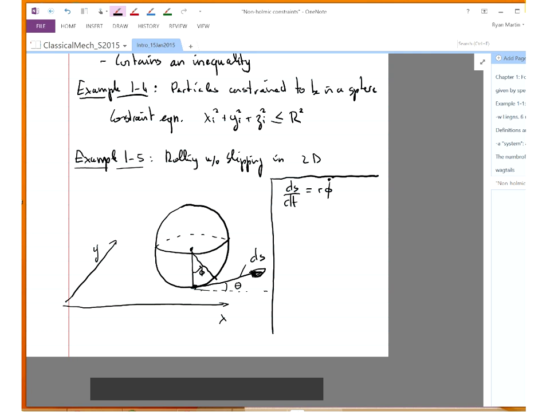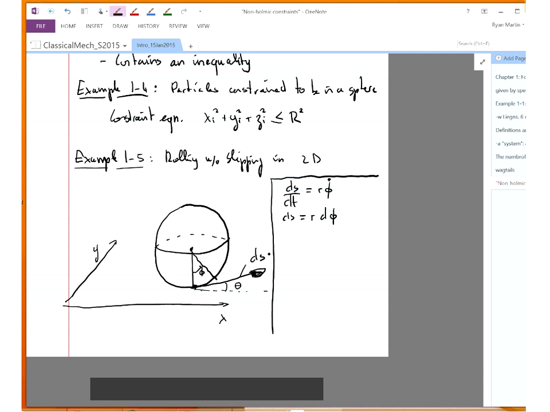So this cannot be integrated. So we get ds is equal to r d phi. And if we want to use our coordinates x and y, remember ds doesn't tell us where the sphere is. ds is not a coordinate of the sphere. ds is just the sphere is going in that direction and it's moved the displacement ds.